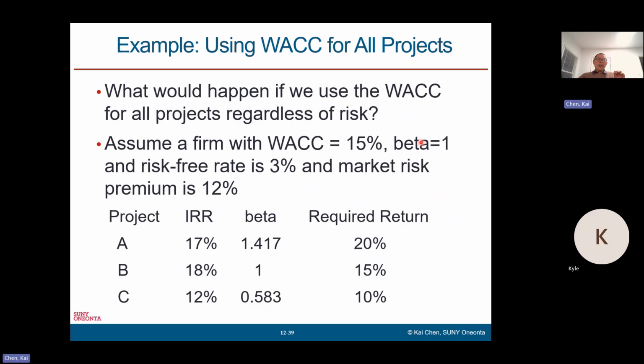Please be careful: here I said the beta of total assets. The total assets is an asset, right? Then for this specific asset, it has its own beta. Now let's suppose the beta of the total assets is 1, the market risk-free rate is 3%, and the market risk premium is 12%.